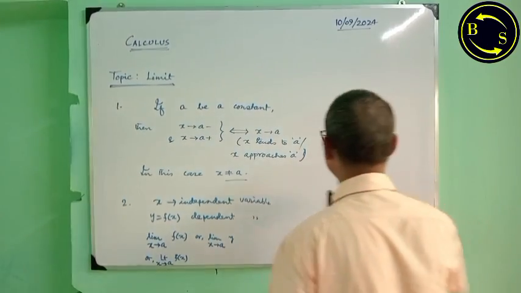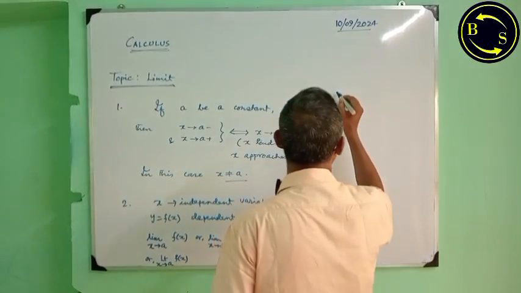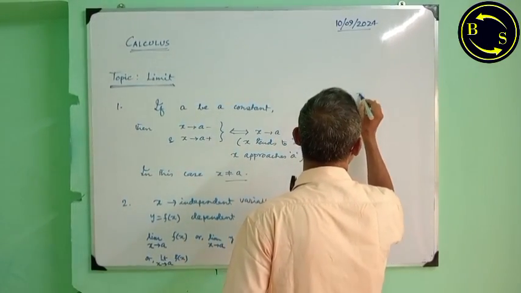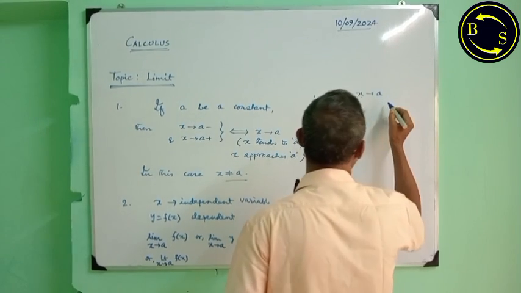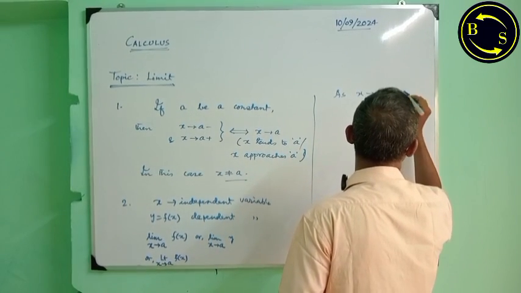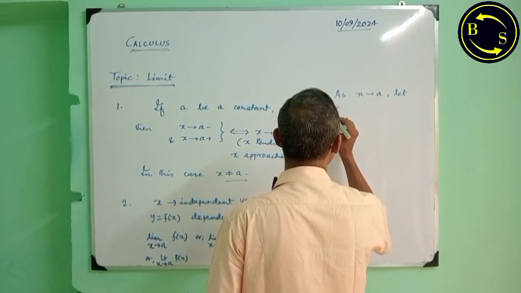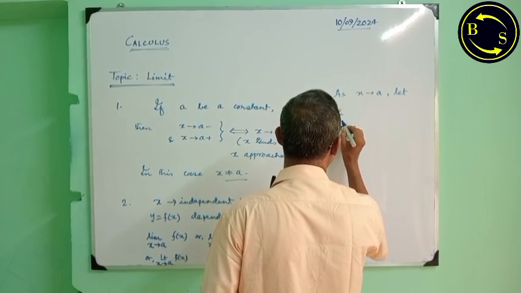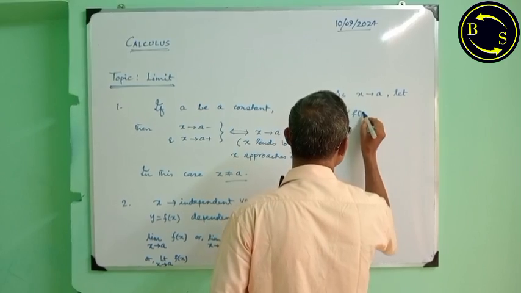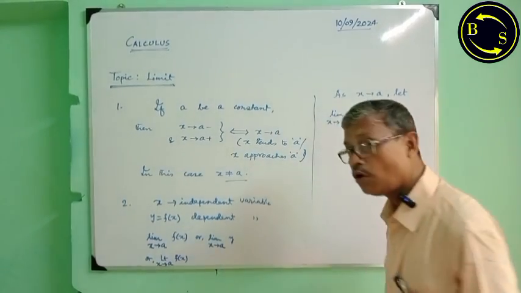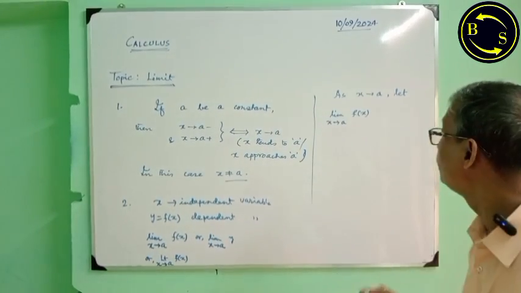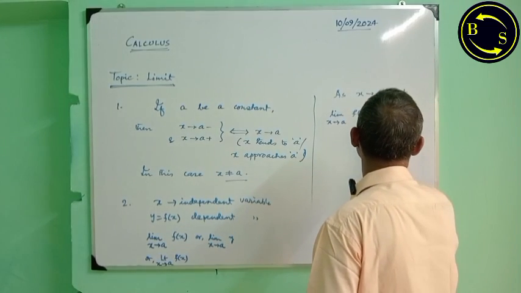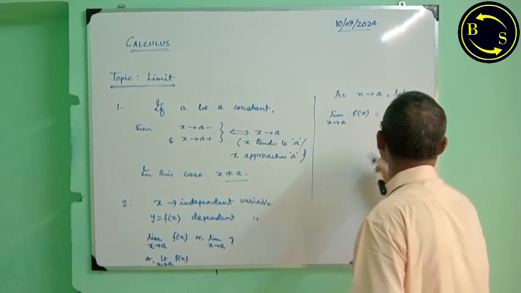As x tends to a, let limit of fx, or limiting value of fx, be small a.